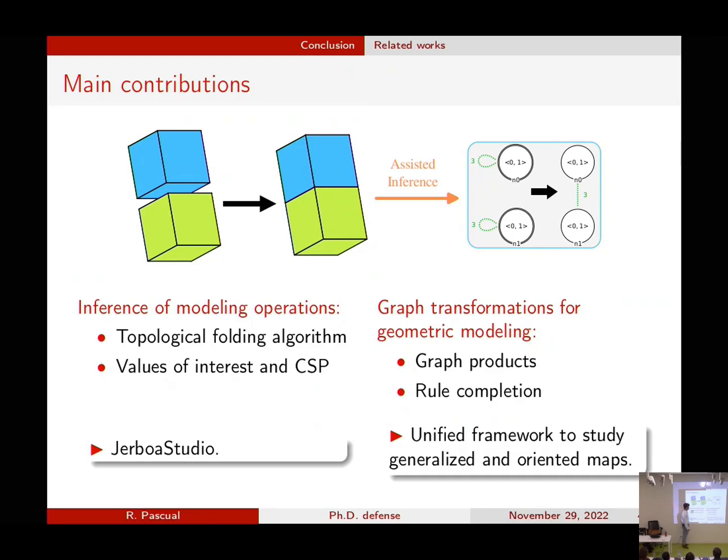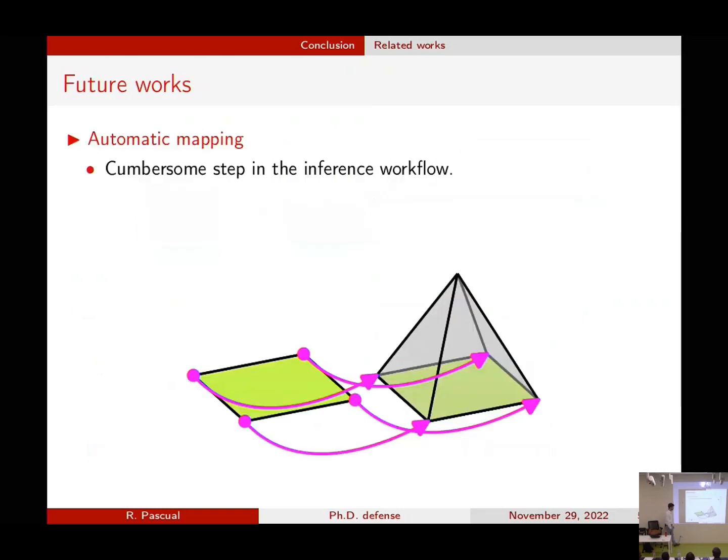And I want to stress that everything here is only possible because of the formal part of graph transformation, in the sense that this graph transformation method gave us some guidelines for the inference, and I also tried to improve the formalization of Jerboa's language using graph transformation.